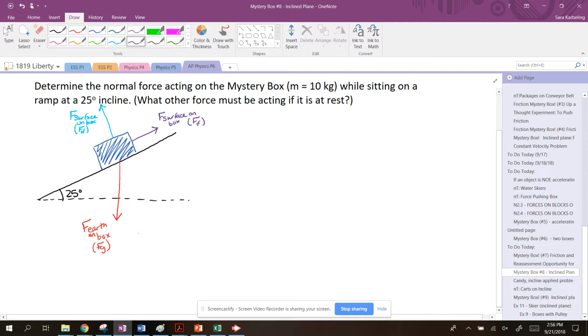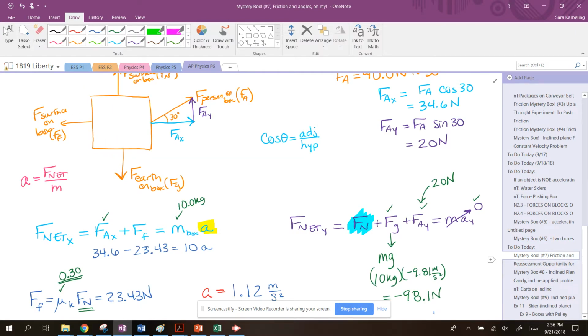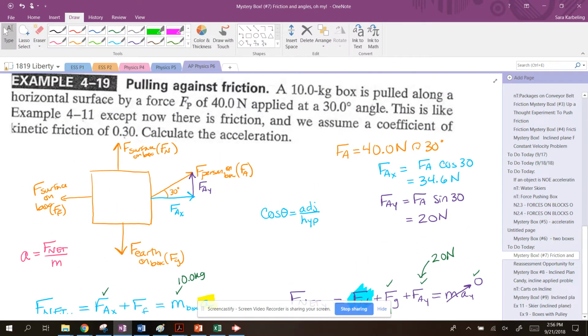So, it looks kind of weird, I think. Now, here's the funny thing. I'm going to look back at the picture that we drew in the other one. In this free body diagram, do you notice that three of these forces are all acting perpendicular and parallel to one another?